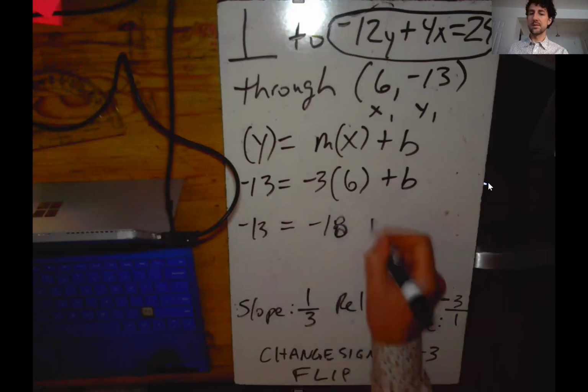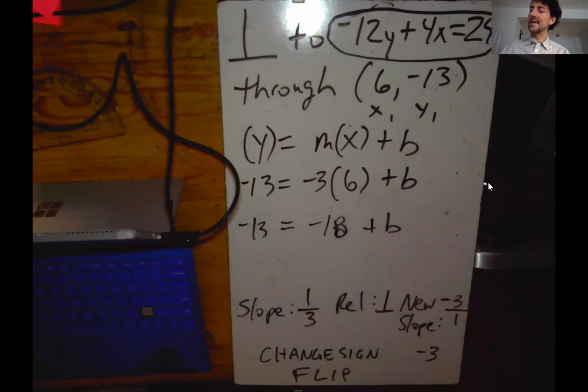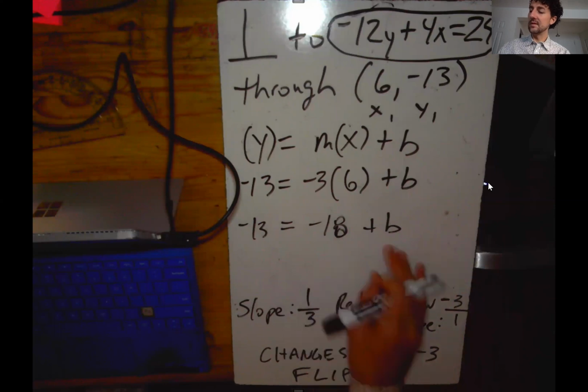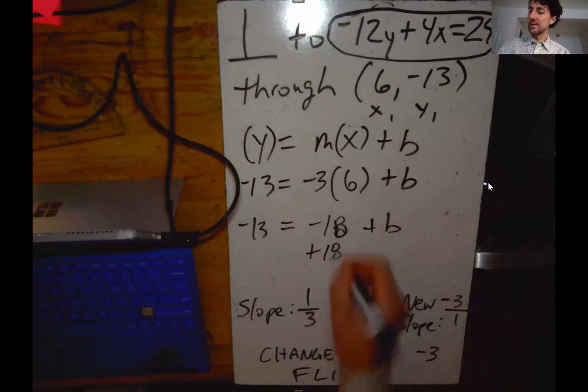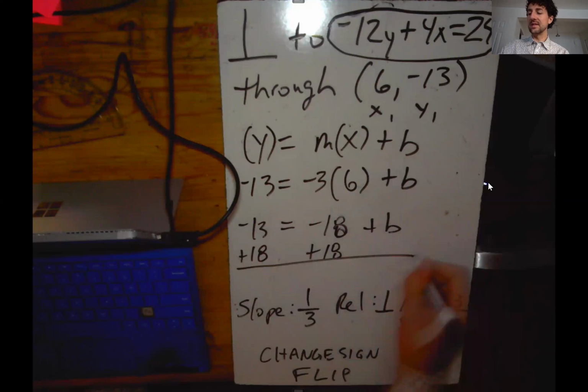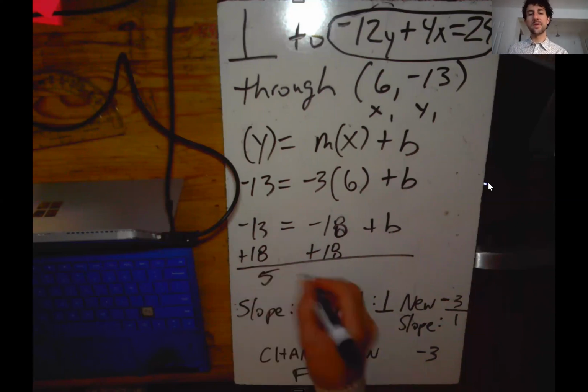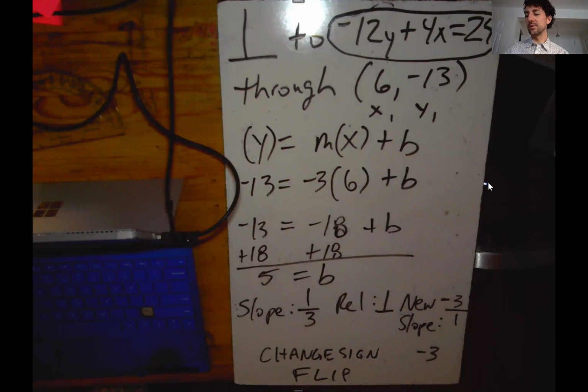Now I'll add 18 to both sides so that I can isolate b. So negative 13 plus 18 is more positive than it is negative. So 5 equals b. So my y-intercept for the new line is 5.